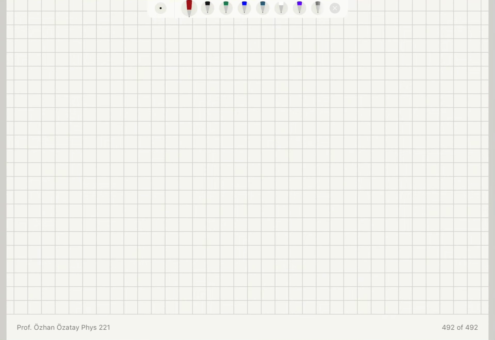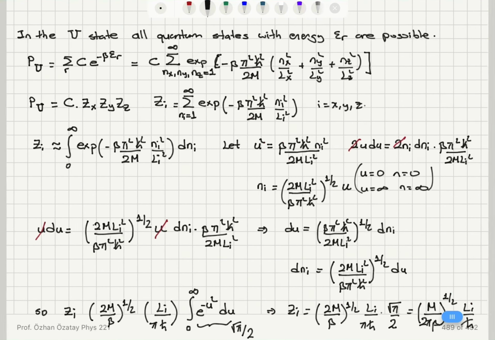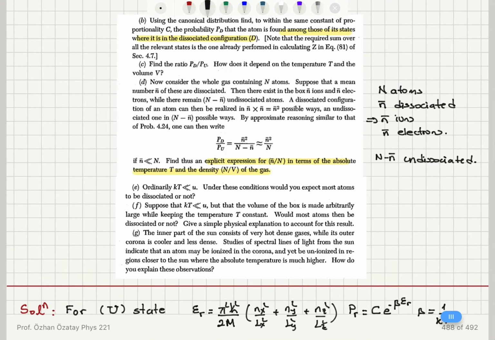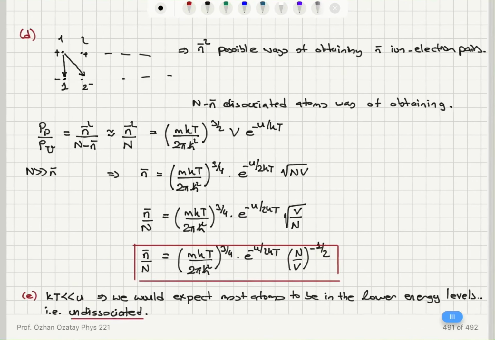Now let's move on to part F of the problem. Part F, suppose that kT is much less than U, but that the volume of the box is made arbitrarily large while keeping the temperature constant. Would most atoms then be dissociated or not? Give a simple physical explanation.